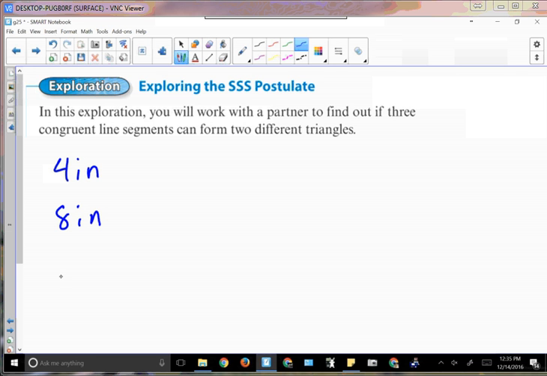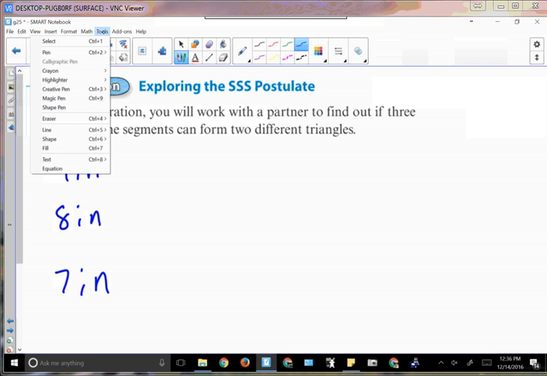And I want another one that is going to be 7 inches. I want you to make a triangle that has those exact dimensions. It's a triangle that has these measurements on it. Okay? Well, give you something to think about.